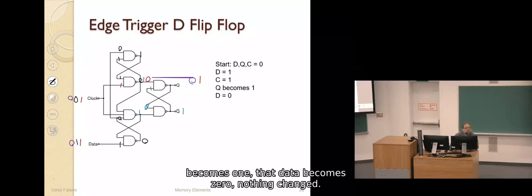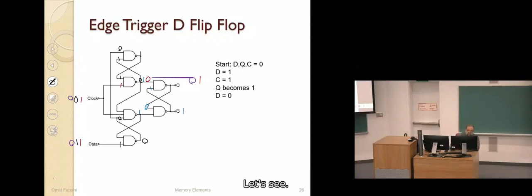Now if data becomes 0, Q stays 1. Nothing changed. Let's see. What do we have here? We have 1 here, 0 here, 0 here, 1 here. Clock is 1, still 1. This is the beauty. Let's change the color.